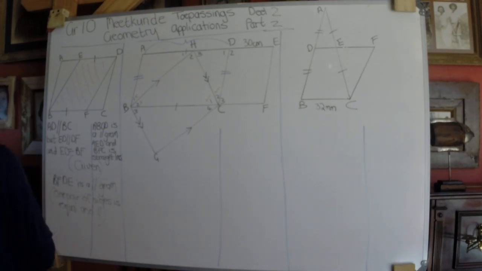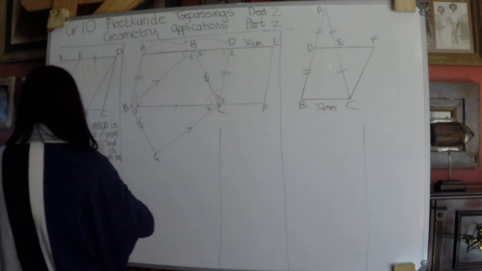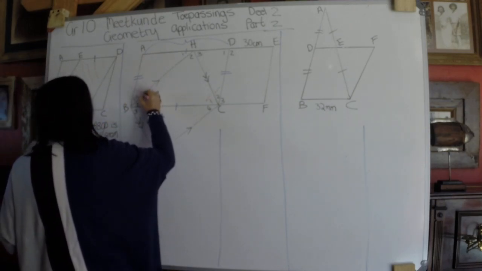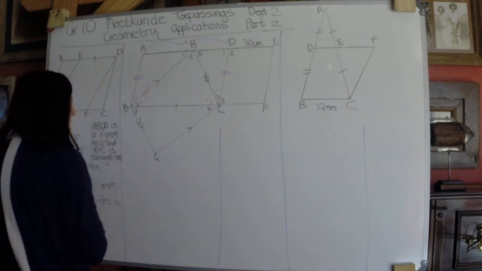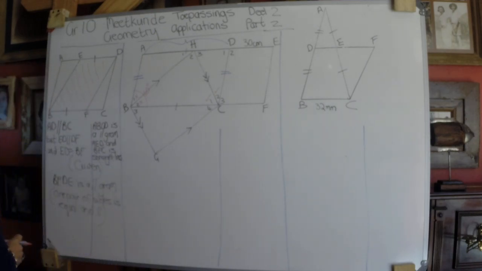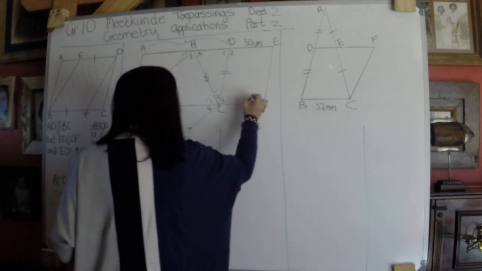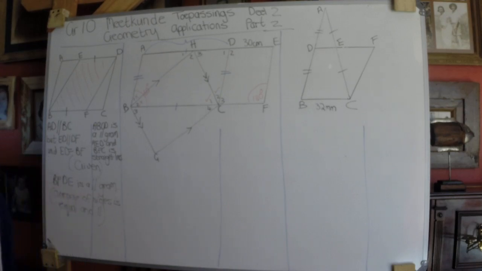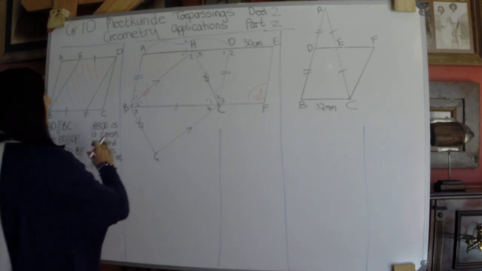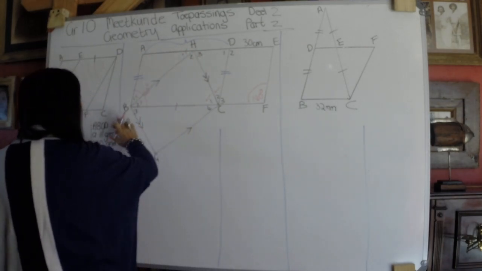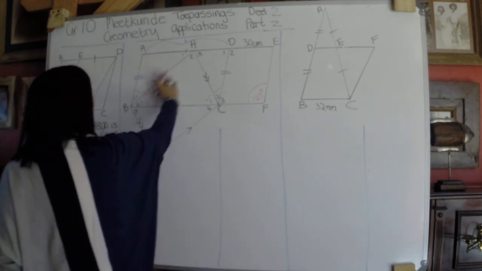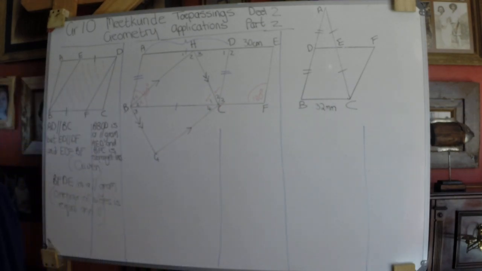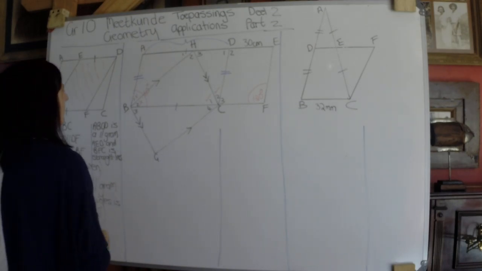Dan sê hulle ABC is 60 grade groot. So this whole angle is 60 degrees. So each will be 30 degrees. En dan sê hulle F is 120 grade. This one is 120 degrees, that's also given. En dan sê hulle BH is evenwydig aan GC, that's been inserted already. En dan sê hulle ook AD word verleng na E, sodat AB gelyk is aan DE.